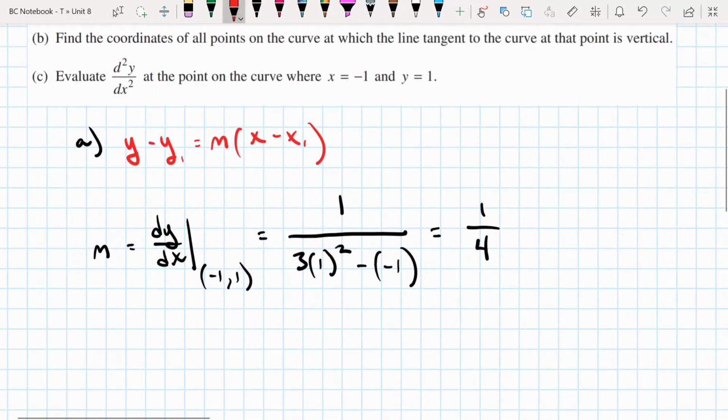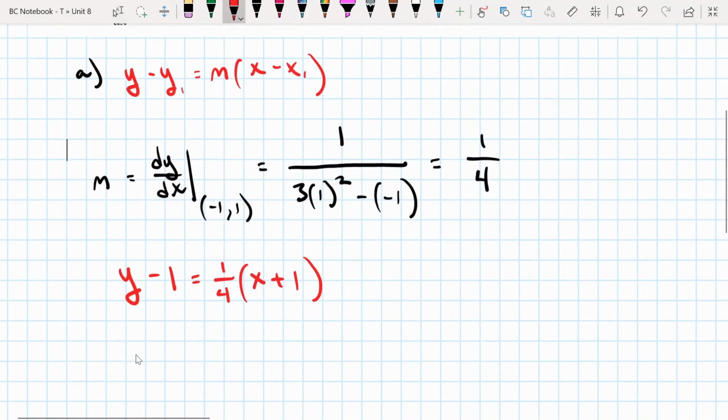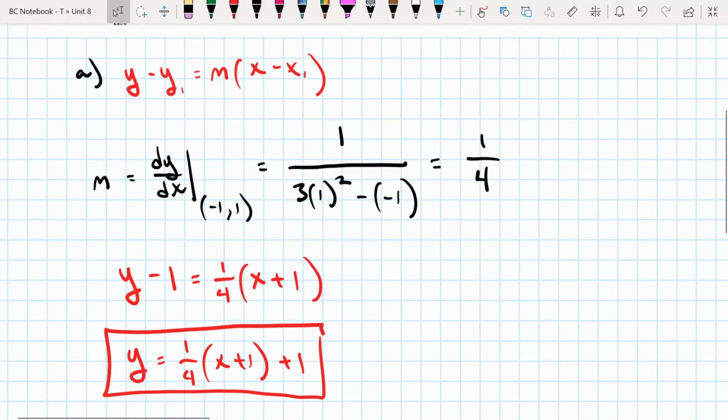Okay, now we can plug everything into this equation. So y minus 1 equals 1/4 times (x minus -1), or x plus 1. And then if you wanted to, you can solve this for y. And I'll just leave our answer like this. So that's our answer for this one.